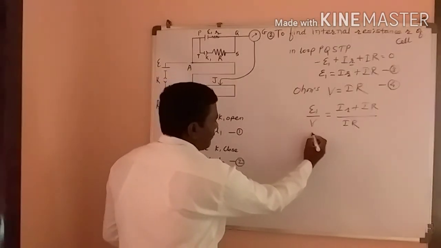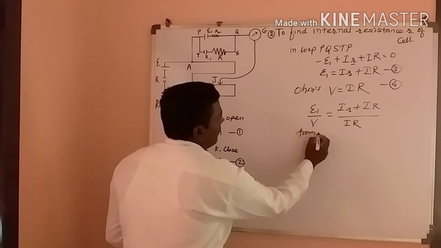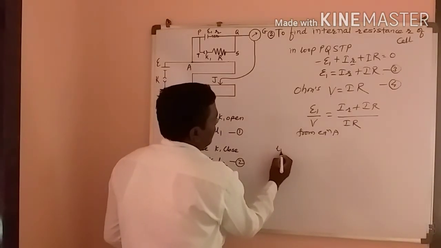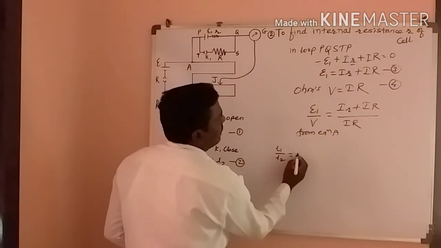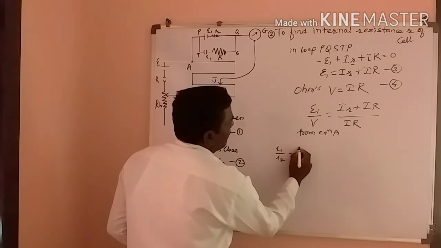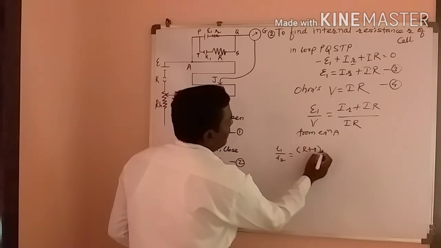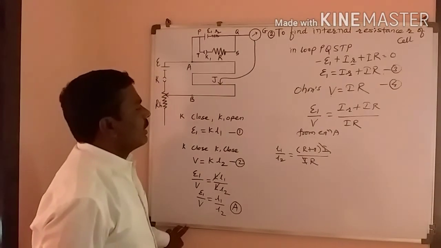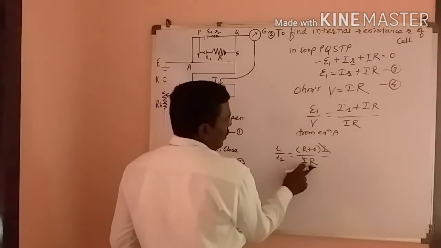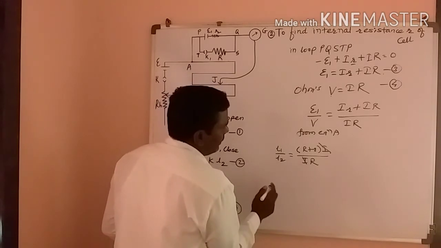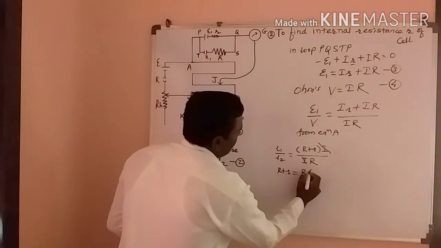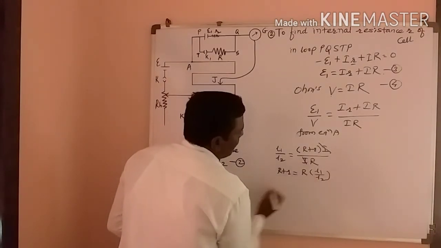So L1 upon L2 is equal to I is the common term, R plus r in brackets times I, divided by IR. This I cancels, being common. Again, this R in the denominator goes to the numerator, and so R plus r is equal to R into L1 upon L2.